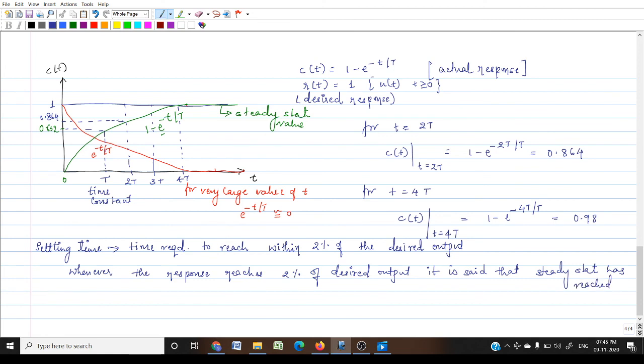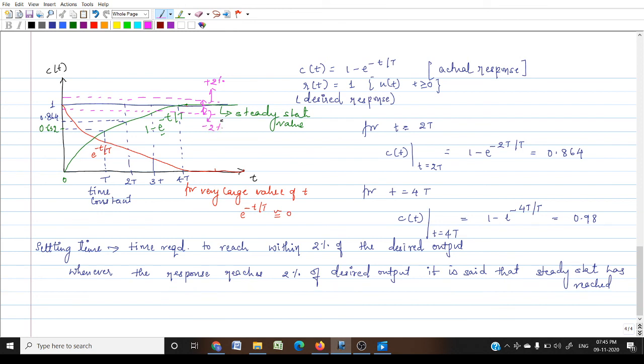So what we do here is draw this 2% envelope, both below and above the desired response. This is plus 2%, and this is minus 2%.